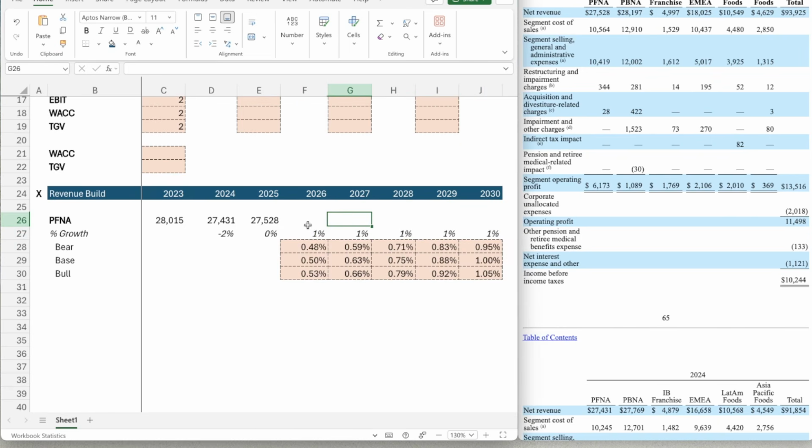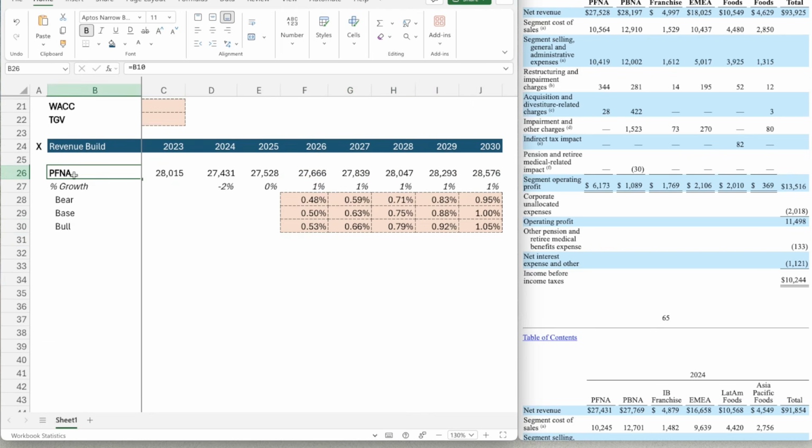Now to work out the revenue growth, you just take the previous year multiplied by 1 plus the percentage growth, pull it along, and there we have it. So that's the first segment done.